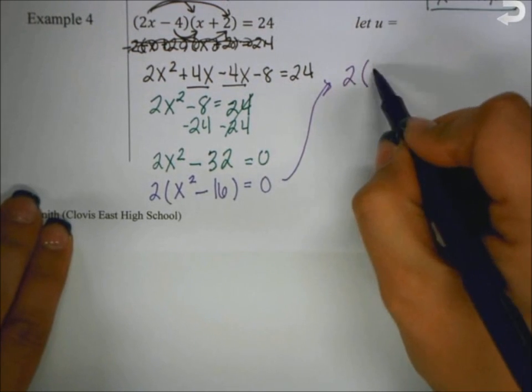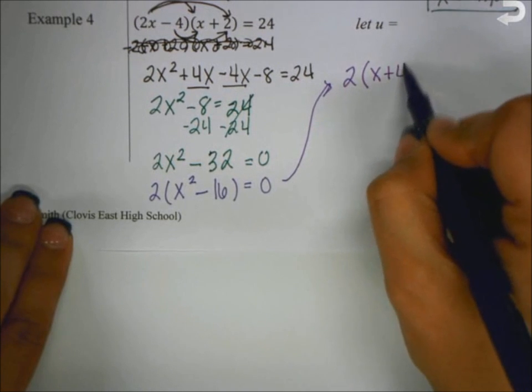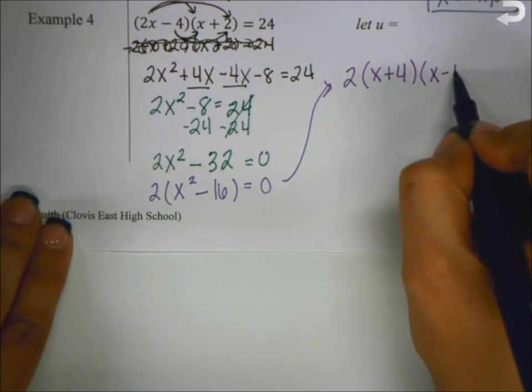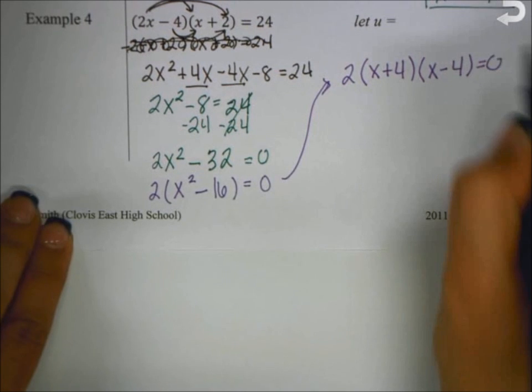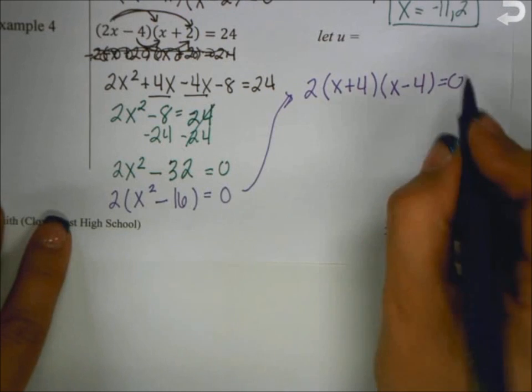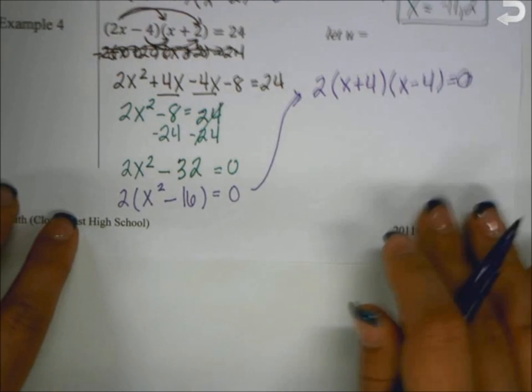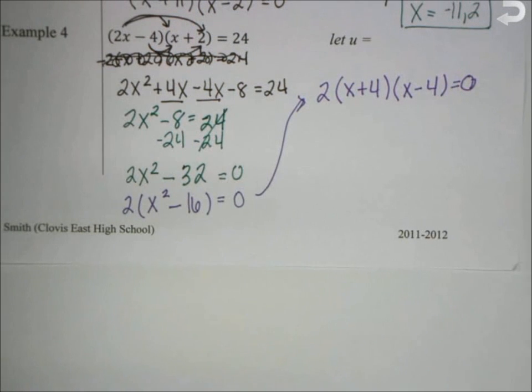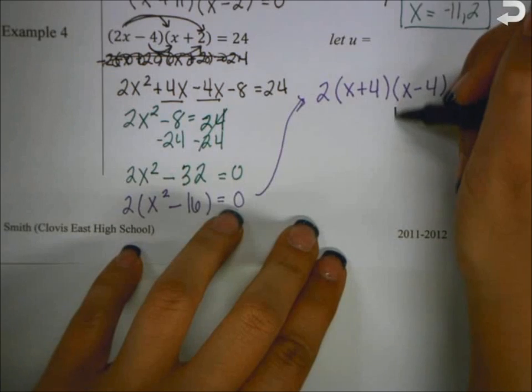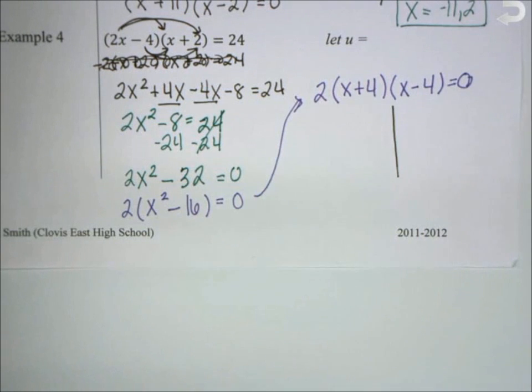So let's set up our T-chart. Could you have just done the square root? Well, yes, I could have. You could set this one equal to 0. We'll do it both ways. Okay, so we have 2 terms here. x plus 4 equals 0, and x minus 4 equals 0.